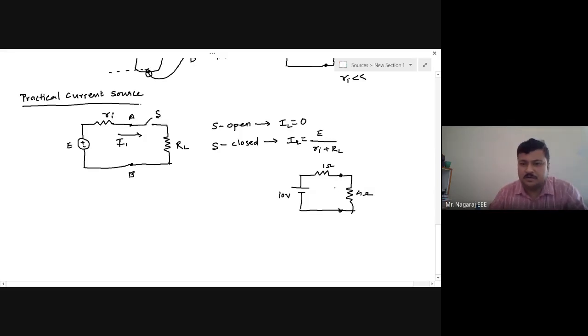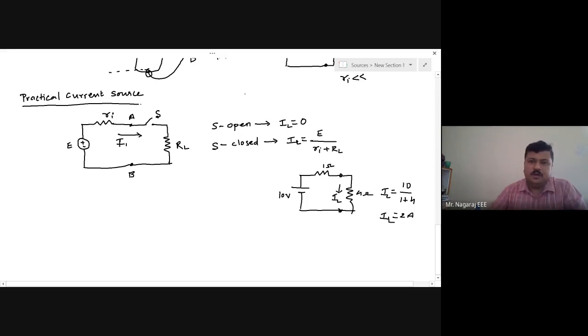Now what is IL here? IL is equal to 10 by 1 plus 4, which is 2 amps. Simple Ohm's law application.